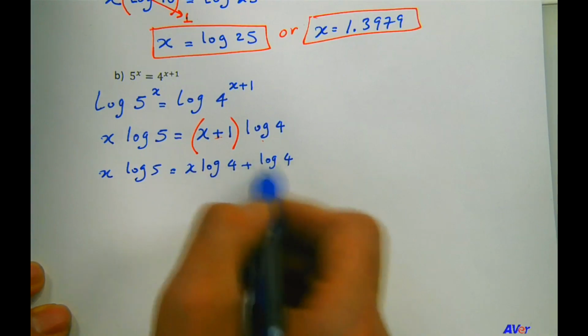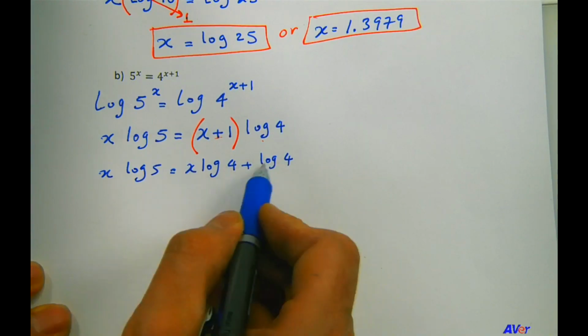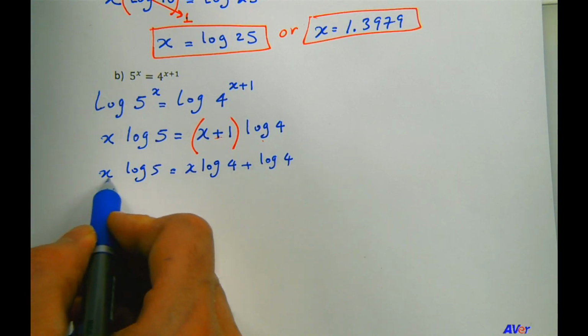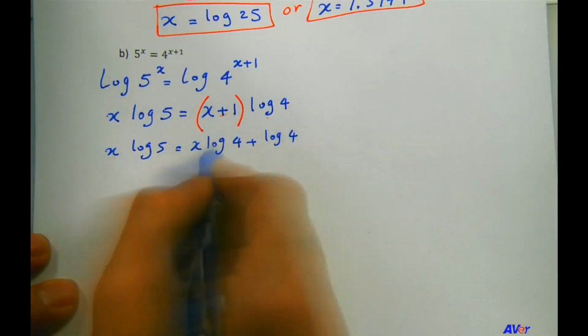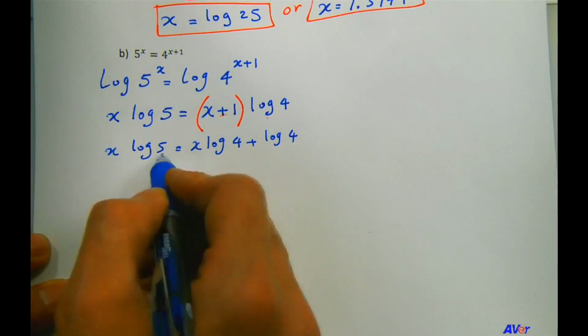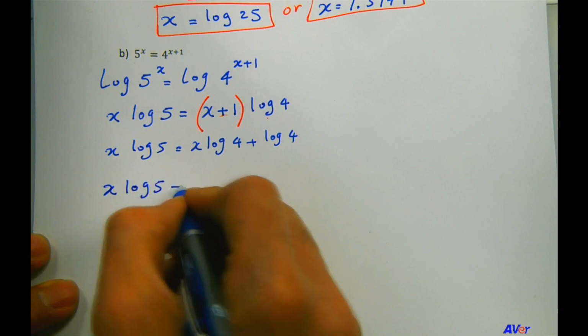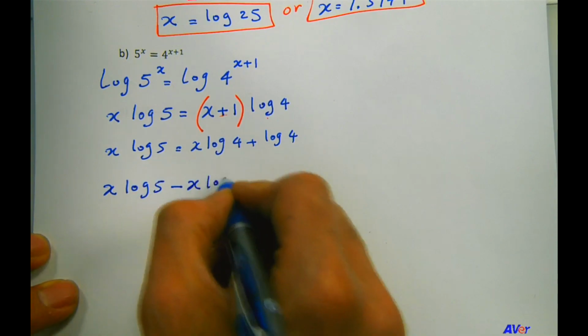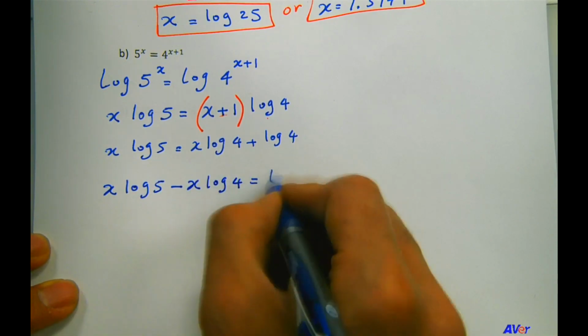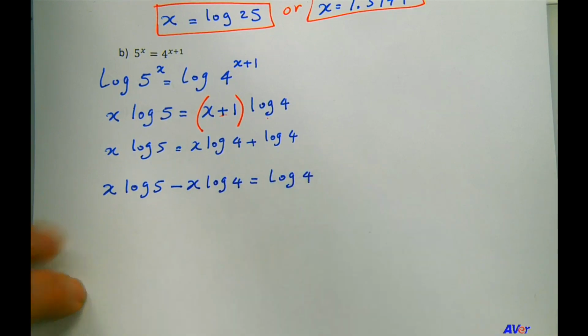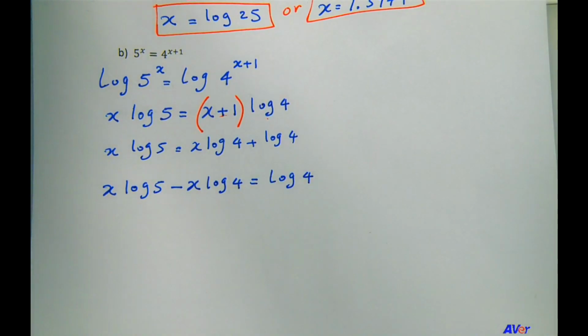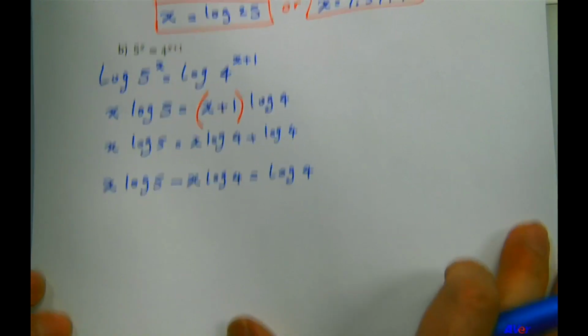So there is another x on this side too. Let's put both terms that have x in them on one side. So x log of 5 minus x log of 4 equals log of 4. Okay. Now what do I do now? Well, if you said factor the expression on the left, you're absolutely correct.